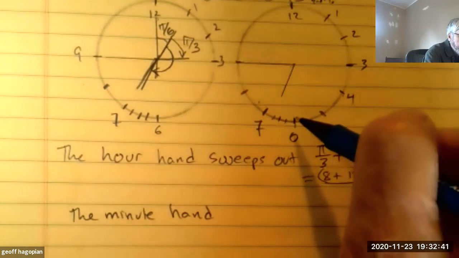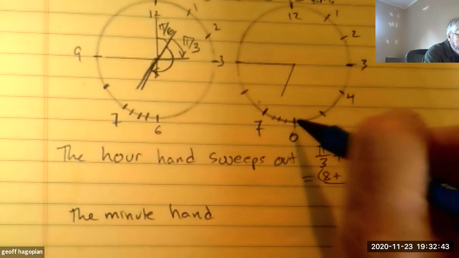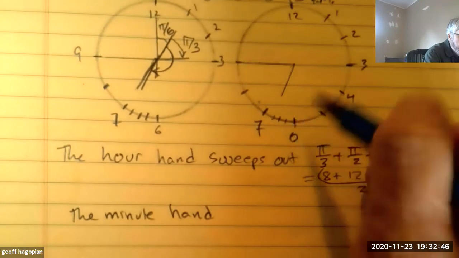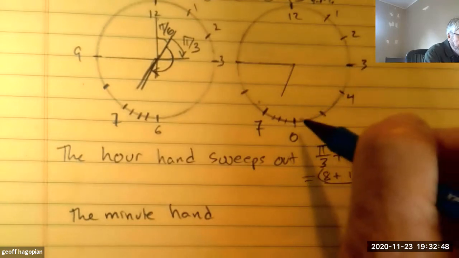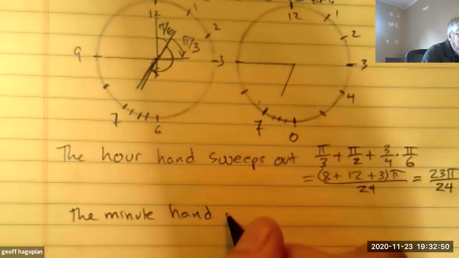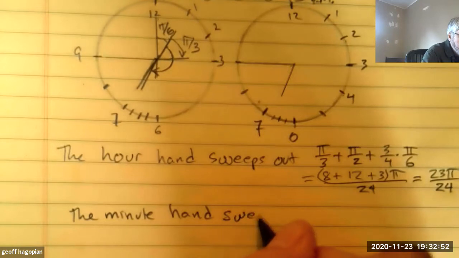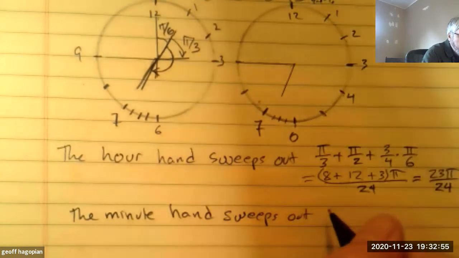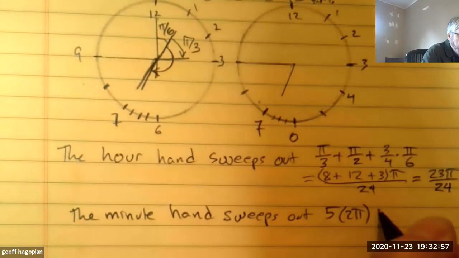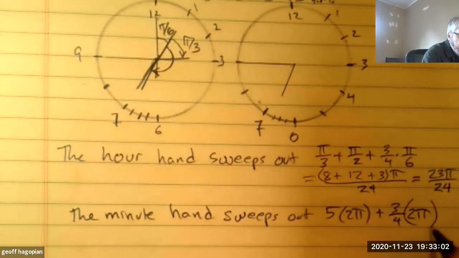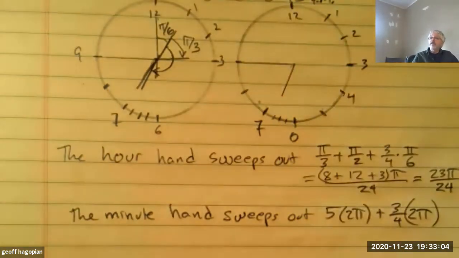And I think we've got 1, 2, 3, 4, 5 2 pi's, plus 3/4 of a 2 pi. Right, 3/4 of the way around. That's 45 minutes, right? So that's going to be 10 plus 3/2, or 11 and a half.